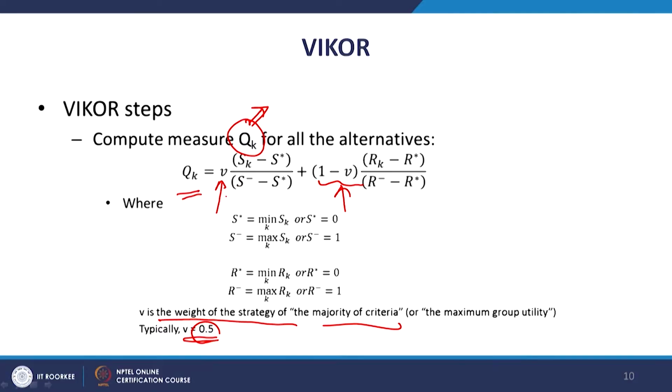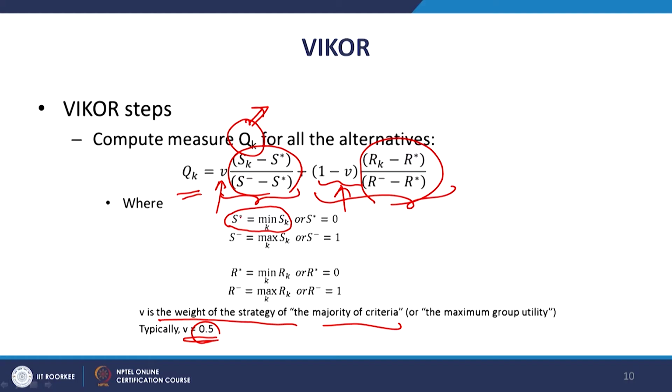If you see these two expressions of Qk which have been summed, they also look like weighted scores. V and 1 minus V are representing weights in a sense, and then we have two ratio expressions here. One is Sk minus S asterisk, where S asterisk is min over k of Sk.